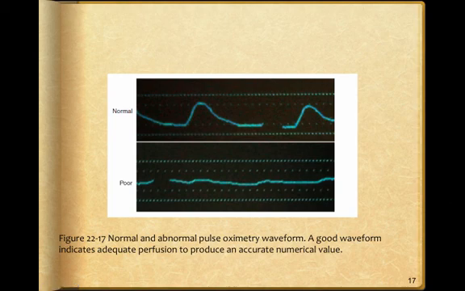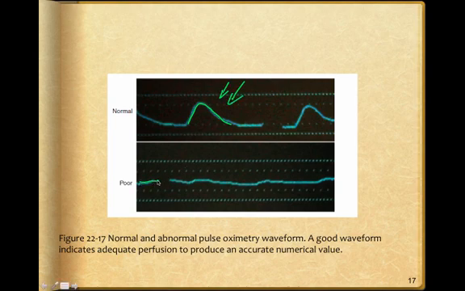So this is figure 22.17 in your book. Normal and abnormal pulse oximetry waveform. A good waveform indicates adequate perfusion to produce an accurate numerical value. The point of this is, if you are having a good waveform, which is up here, you can see the pulse rise and come in there, and it's registering enough with the monitor, then very simply your assessment of this is pretty accurate.